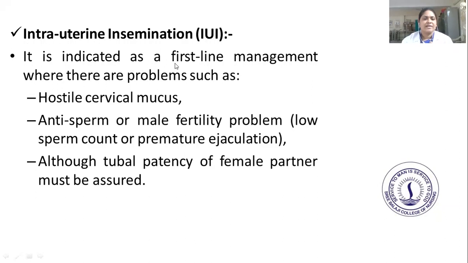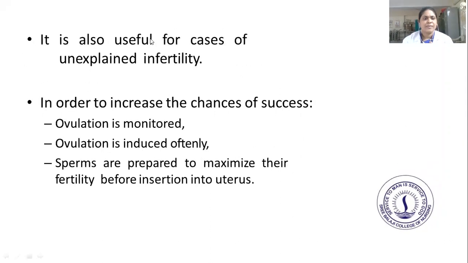It is indicated as a first line management where there are problems such as hostile cervical mucus, anti-sperm antibodies, or male fertility problems, that is low sperm count, premature ejaculation, or where the tubal patency of the female partner must be assured. It is also useful for cases of unexplained infertility. If we are not able to find a cause, they have to go with intrauterine insemination.